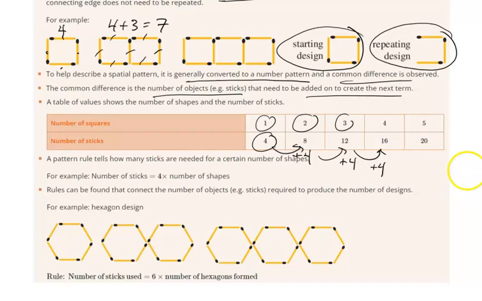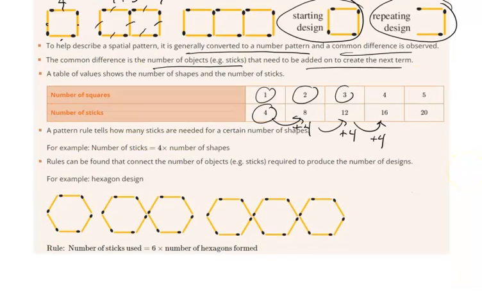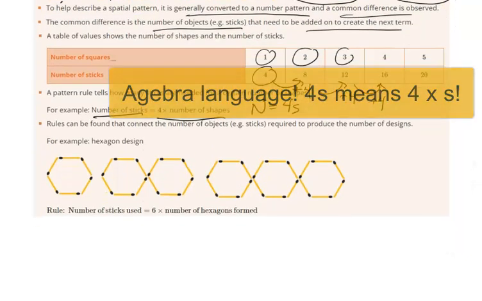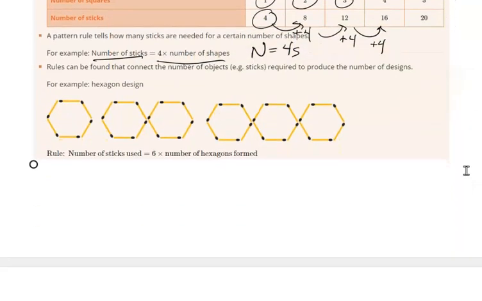And then we can develop a rule from that that tells me how many sticks are needed for a certain number of shapes. So for example, if we use this one, the number of sticks is 4 times the number of shapes. So that's the kind of thing we're working toward. Rules can be found that connect the number of objects required to produce the number of designs.